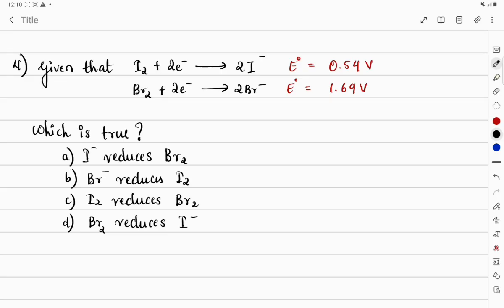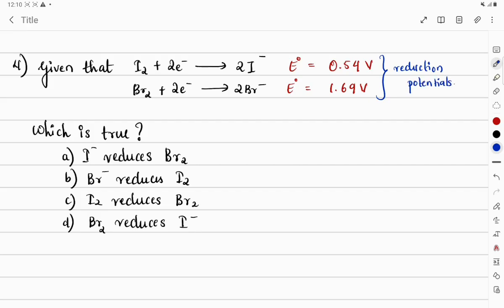For that also the potential is given. Since the mentioned reactions here are accepting of electrons, both of them are reduction reactions. So the electrode potentials given will be reduction potentials.